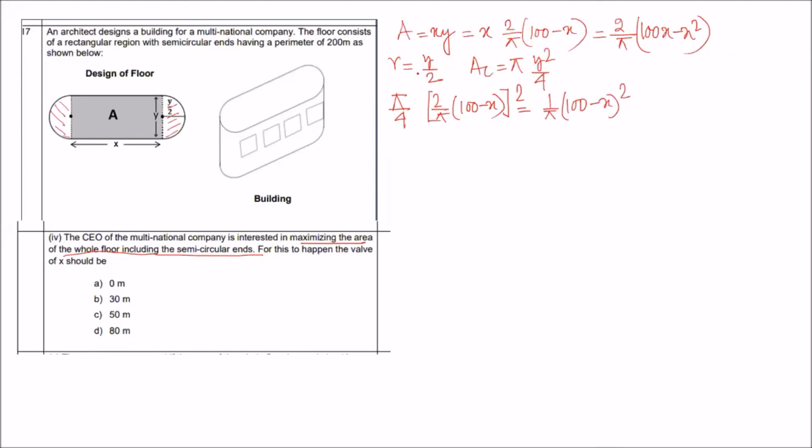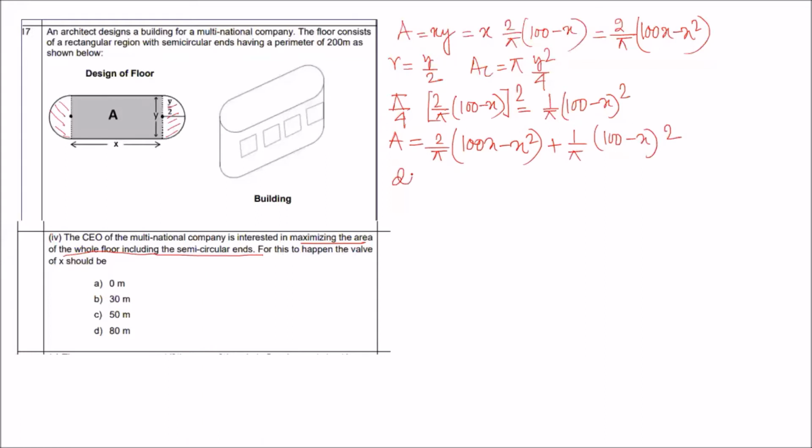So next, I'll get total area including the circular region. It will be 2 by pi into (100x minus x square) plus 1 by pi into (100 minus x) whole square.